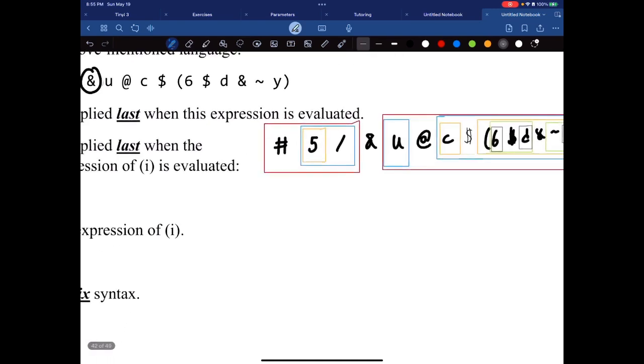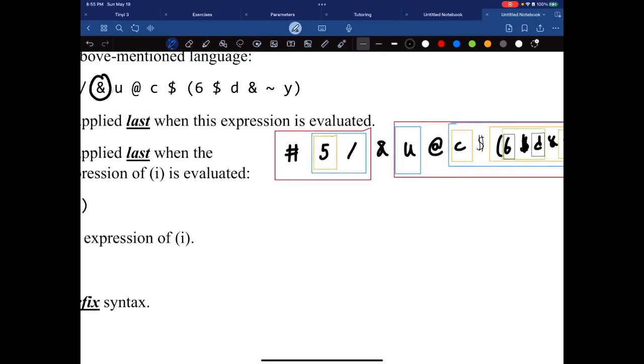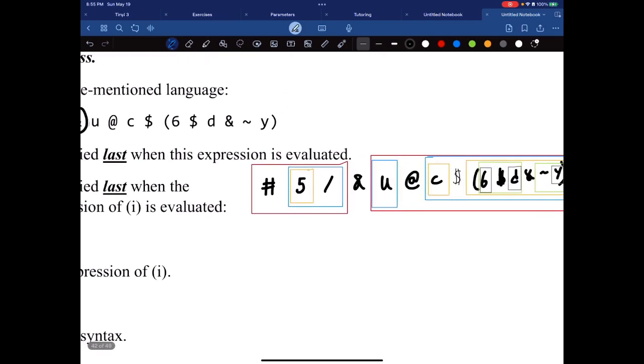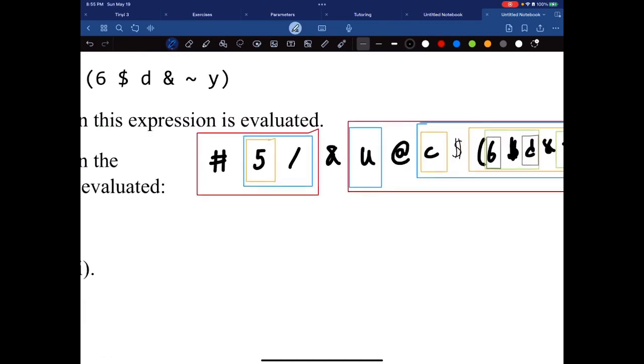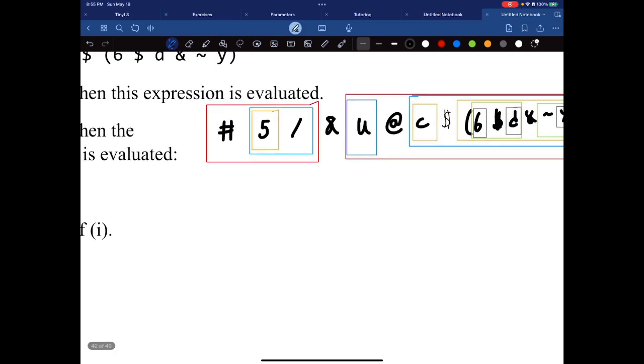Okay. And now given this, we have to construct an abstract syntax tree. And so remember, the root is always going to be the last operator to be applied in each of the subtrees. So first, the last operator to be applied here is the ampersand. So we're going to write ampersand.